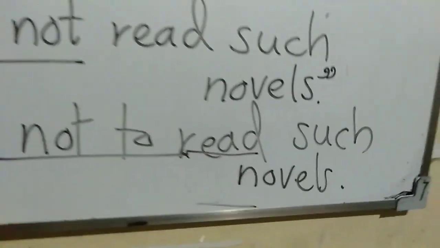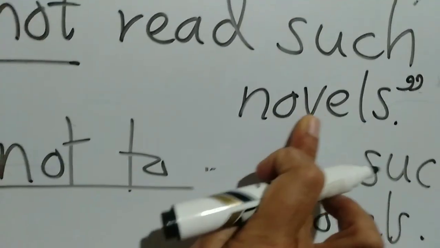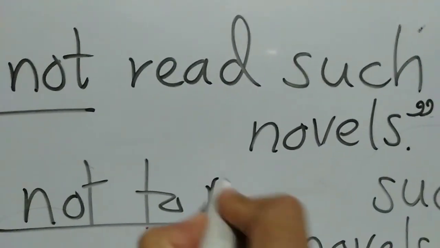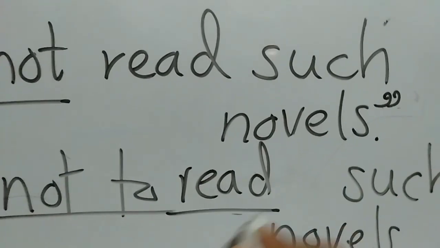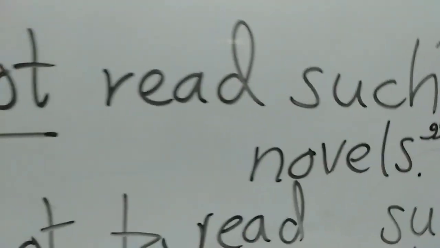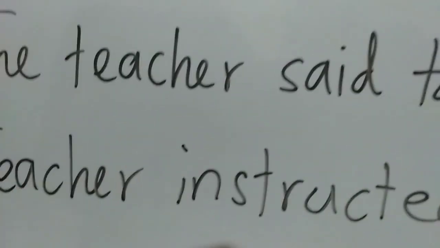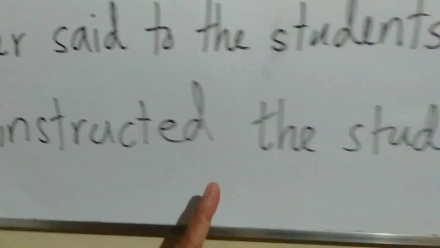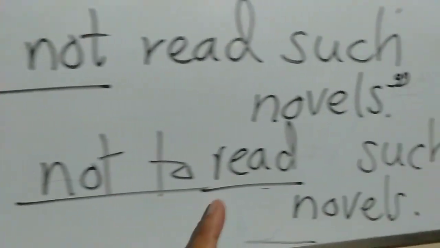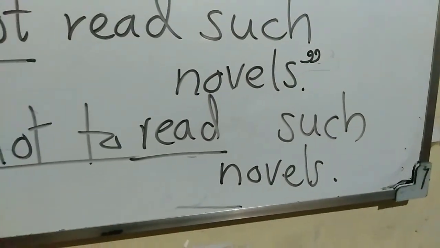Have you got it? The teacher said to the students, do not read such novels. Negative. Then how can you turn that into indirect speech or reported speech? Teacher instructed the students not to read such novels.